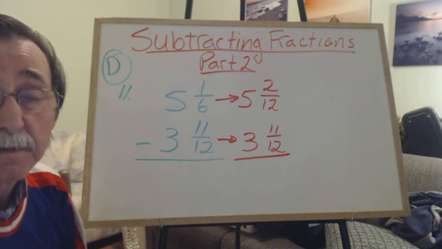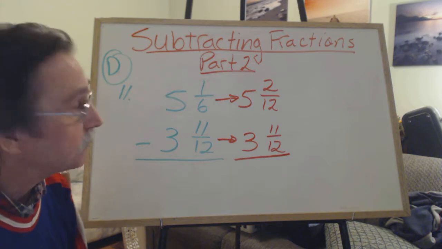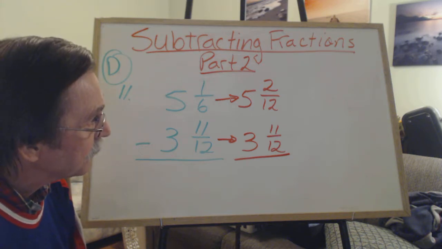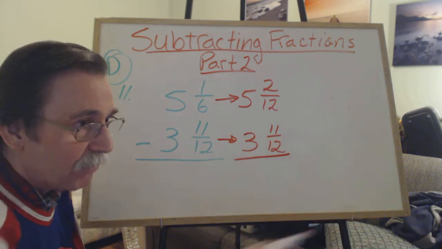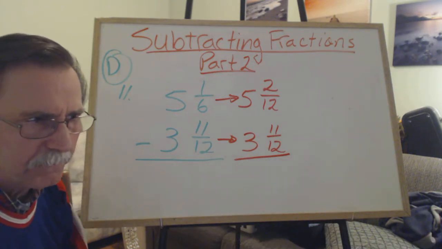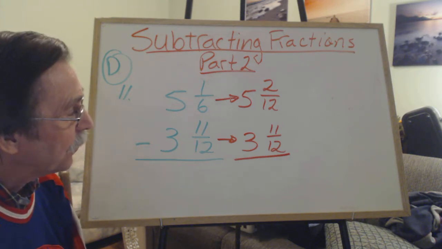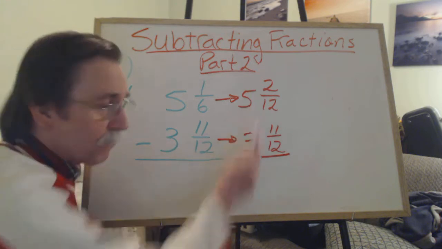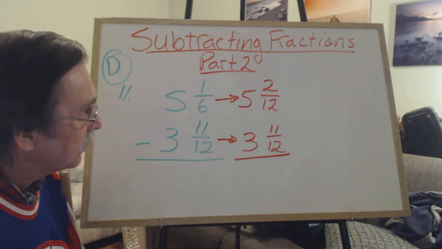I guess there is if I get into the negative numbers, but we're not there yet. If you have 2 of something and I want to grab 11 of them, that doesn't make any sense. It's impossible. So what I have to do is borrow. And this is where the renaming comes in.